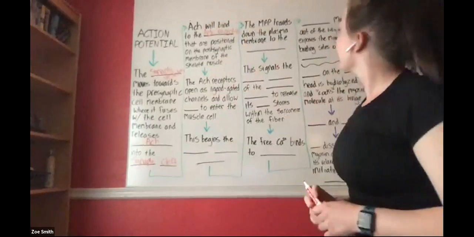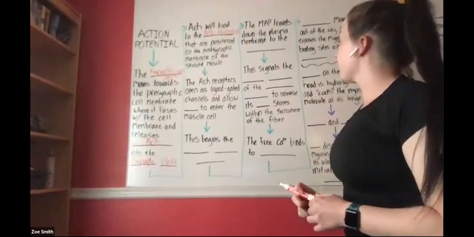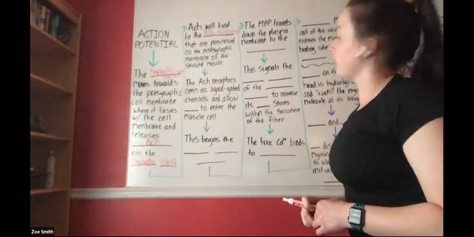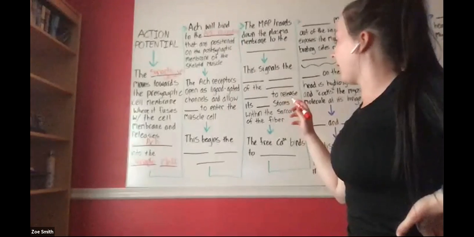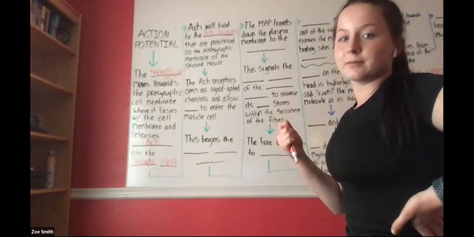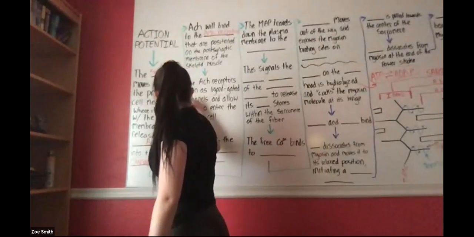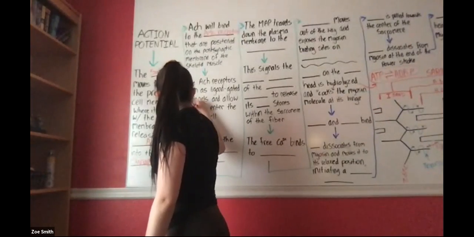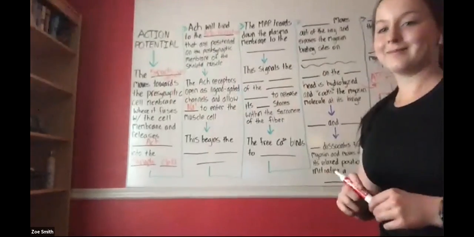Awesome. From there, the ACH receptors, again, acetylcholine receptors, open as ligand-gated channels and allow blank to enter the muscle cell. That blank is going to be sodium, which is Na+. Awesome.